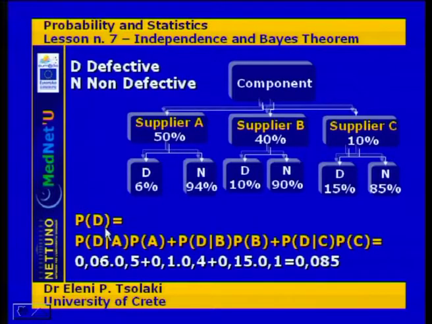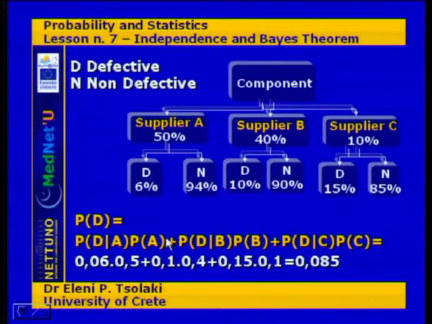So the probability of a defective using the law of total probability is the probability of D given A times the probability of A, plus the probability of D given B times the probability of B, plus the probability of D given C times the probability of C. The probability that we have a defective component when it's supplied from supplier A is, as can be seen here, 0.06.